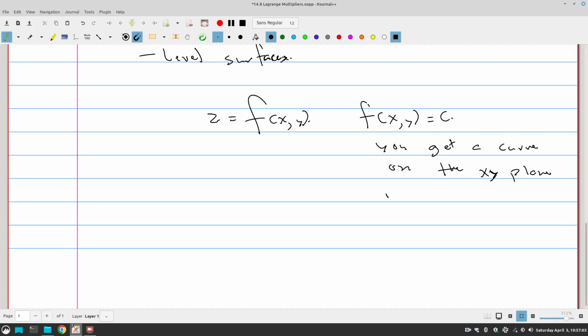And that curve indicates the height of the surface.